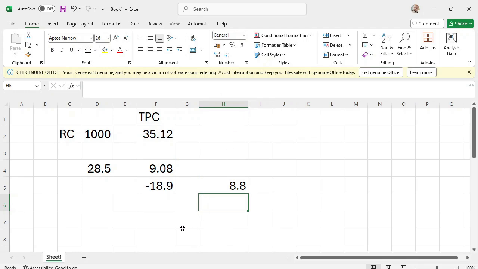That will be 8.80. Okay, this is correct. By calculator, 9.08 minus 0.28, that will be 8.80. Okay, correct.